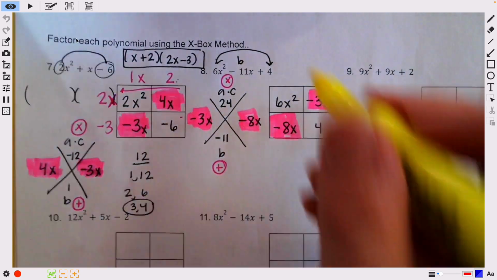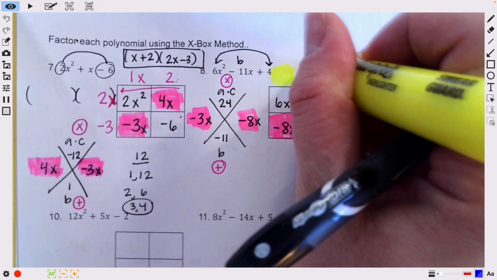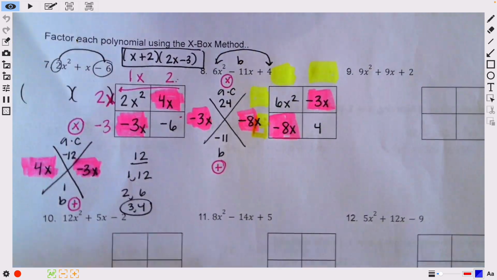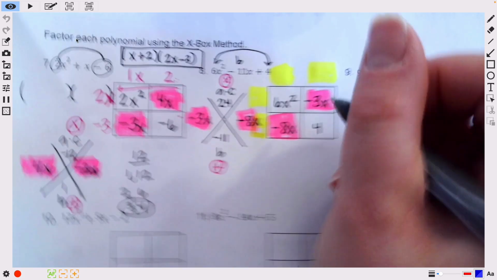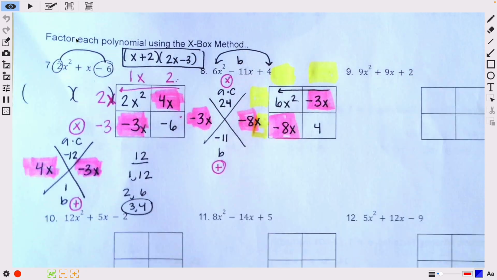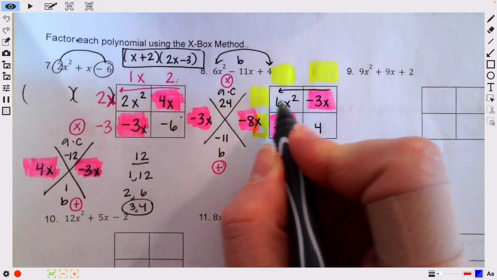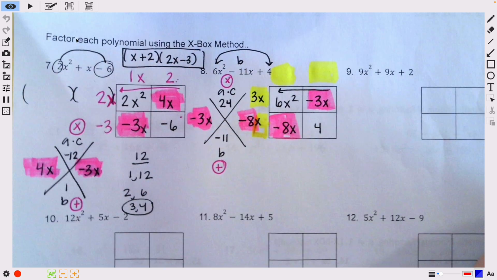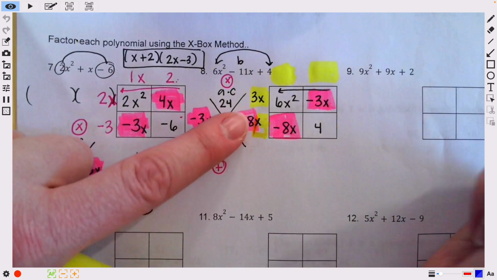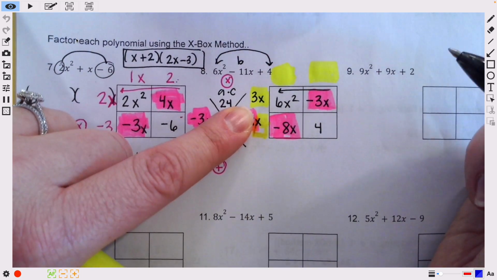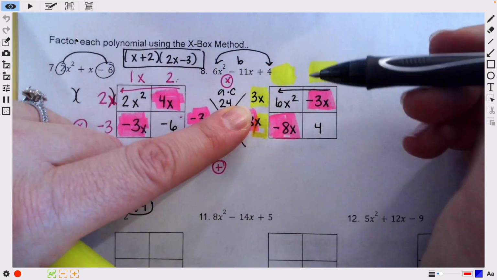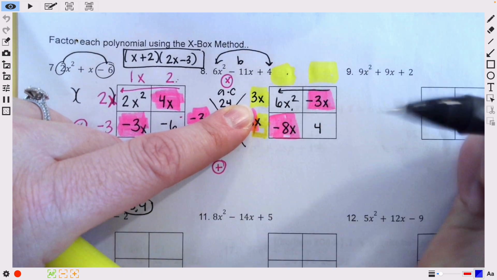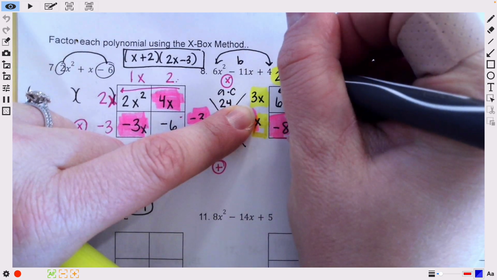Okay, now we play the game of finding out what goes into our actual factors. How about the greatest common factor of 6x squared and negative 3x? 3x. It's getting cramped. Sorry, I'm going to cover that up. Okay, we got this. I'm going around the room now. Celia, 3x times what would give me 6x squared? Good.